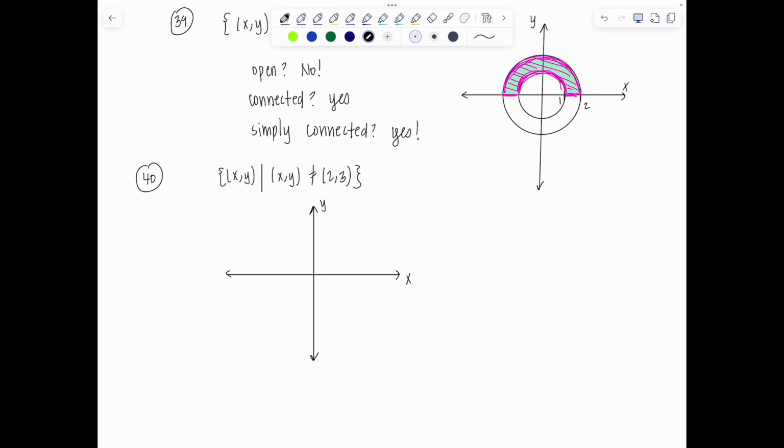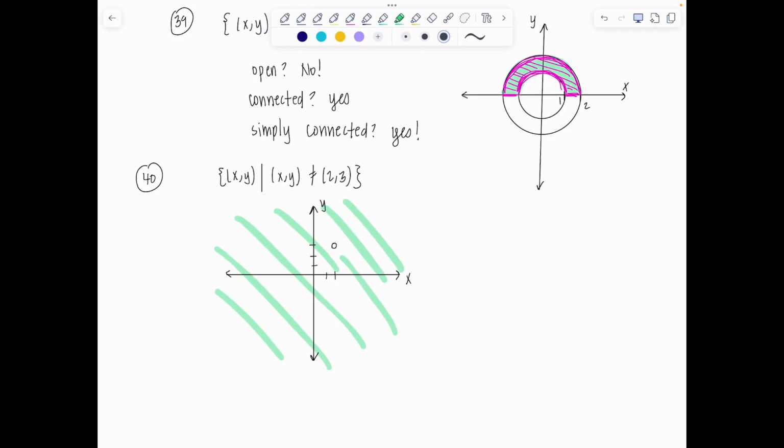Okay, so I would just draw a little open circle here at 2, 3, and then just shade everything else, okay? So is the region open? No. Why not? Well, you can put a dot next to that hole, and you can still make a disk that stays entirely in D of non-zero radius.